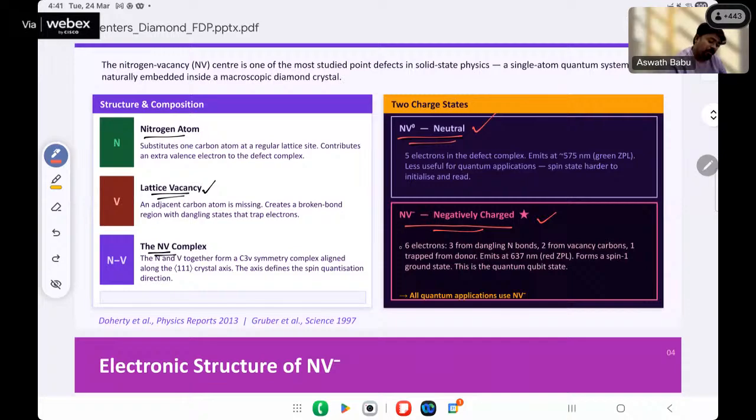One extra electron is taken from the surroundings, where 2 come from vacancy carbons and 1 is trapped from the donor. One nitrogen is surrounded by 4 more carbons. In this way, you can have NV negative coming in the charge state.